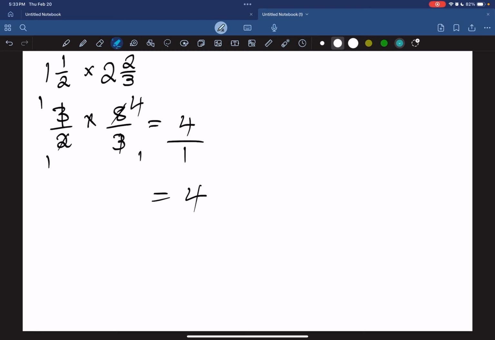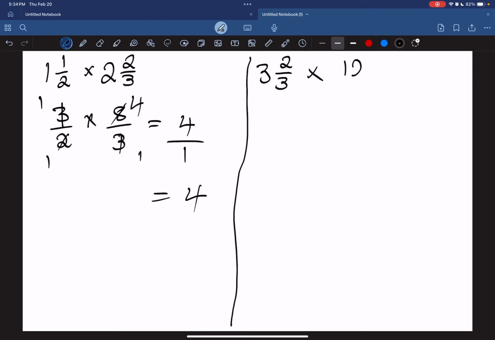Let's look at the next fraction now. We have 3 and 2 over 3 times 12 over 33. Let's look at if we have something like this. Having something like this doesn't make a difference.